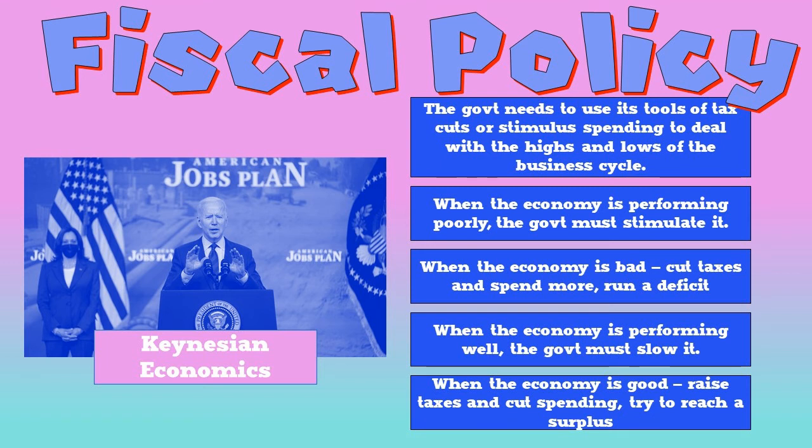So when the economy looks like it's performing poorly, the government needs to do what it can to stimulate the economy. The government should act by reducing taxes and increasing spending. When the economy is bad, cut the taxes, spend more.